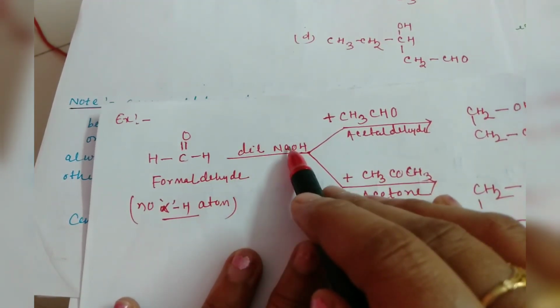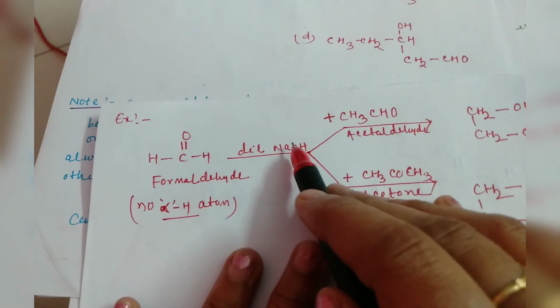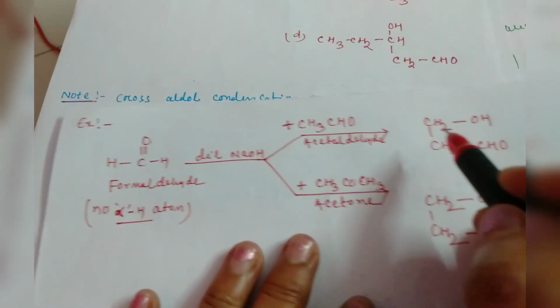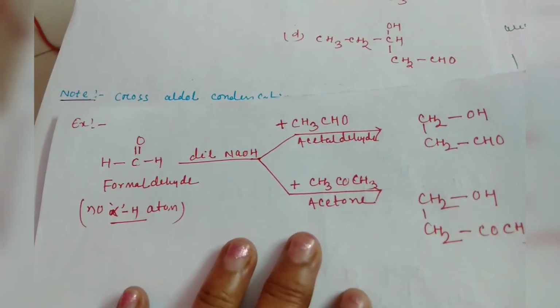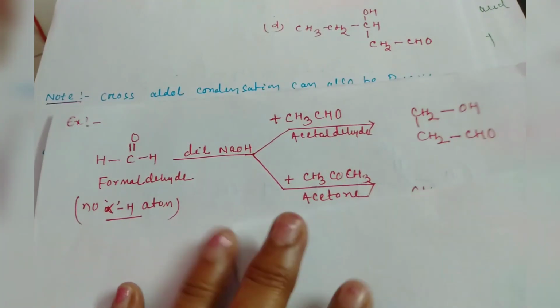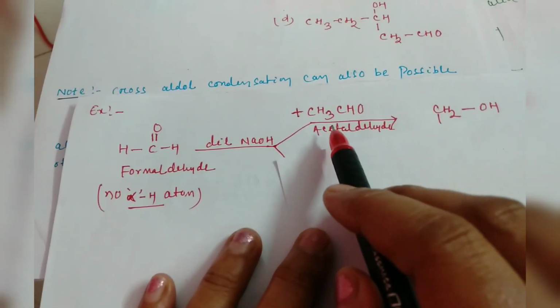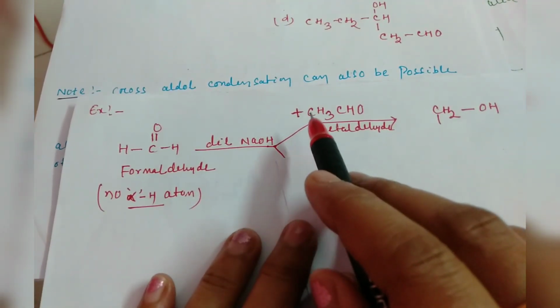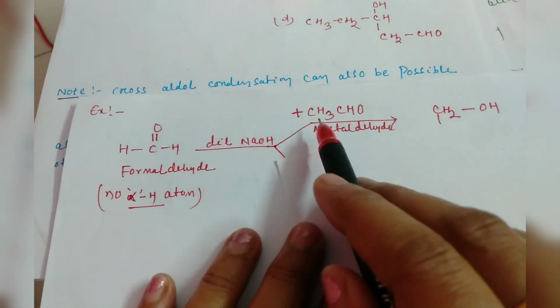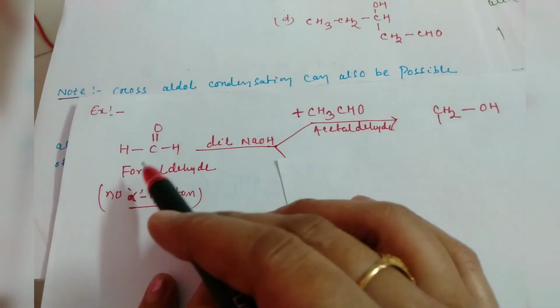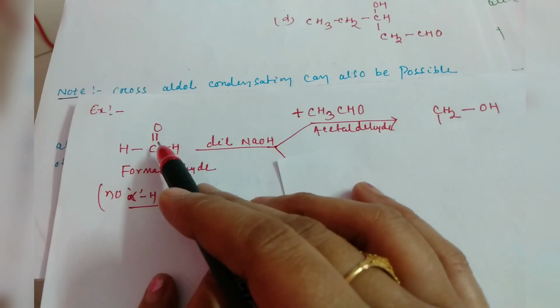When treated with dilute alkali, they will also form the product. How does it form the product? Always remember, the aldehyde having alpha hydrogen atom will form the enolate ion and it will attack the carbonyl carbon of another aldehyde molecule.